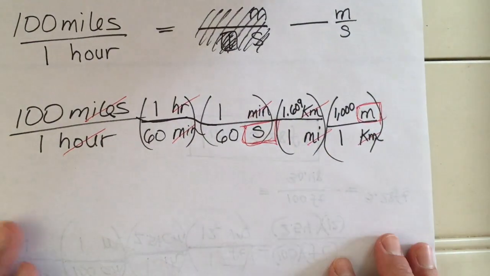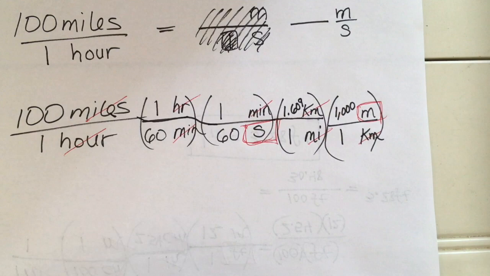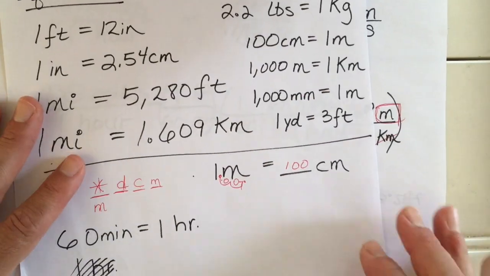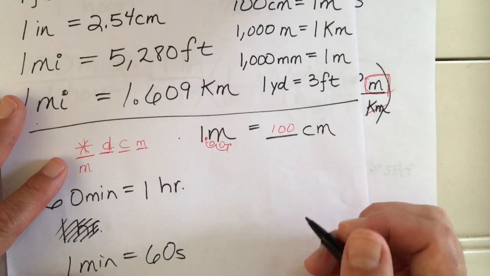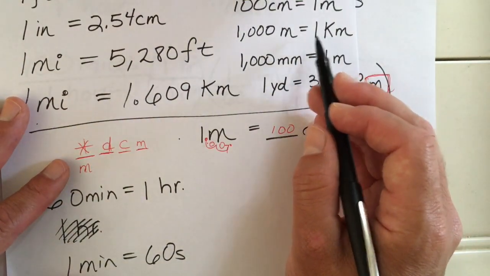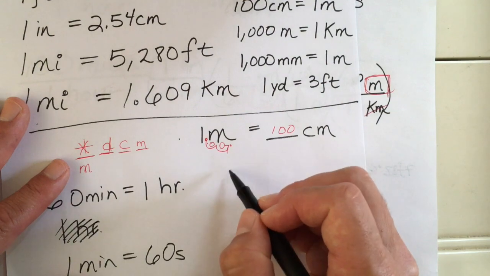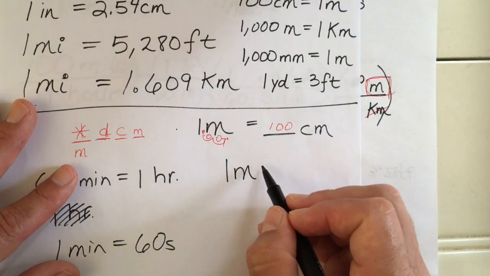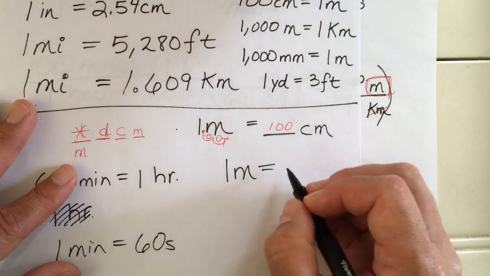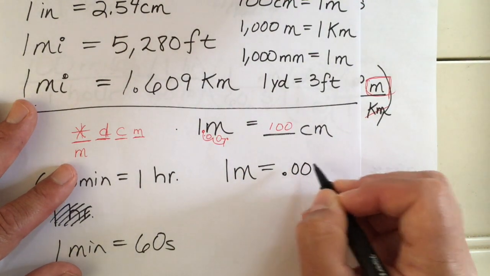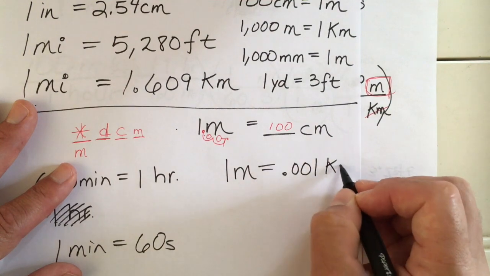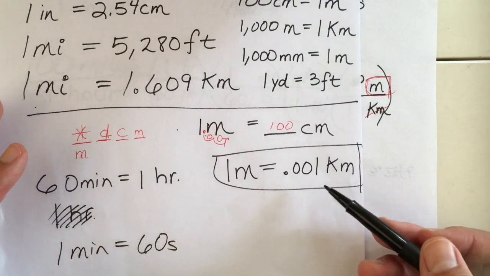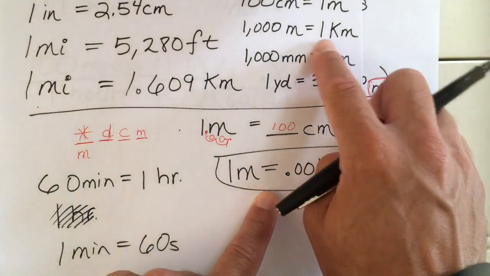Be careful there with this conversion factor, because I could have just as easily given you, I usually write the bigger unit as 1, but what if I had given you this for a conversion factor: 1 meter is equal to 0.001 kilometer? This still works. This is fine to use.